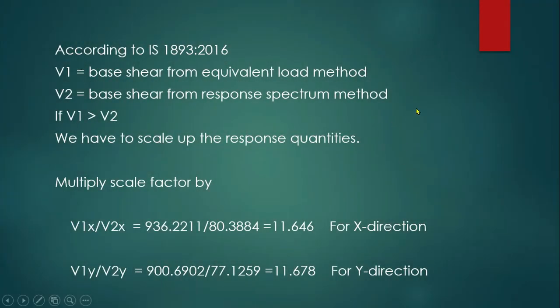Okay, so according to the IS 1893 2016, if the base shear from the dynamic analysis is less than the base shear from the equivalent load method, then we have to scale the responses by multiplying the responses by this ratio, which is V1x upon V2x. What is V1?